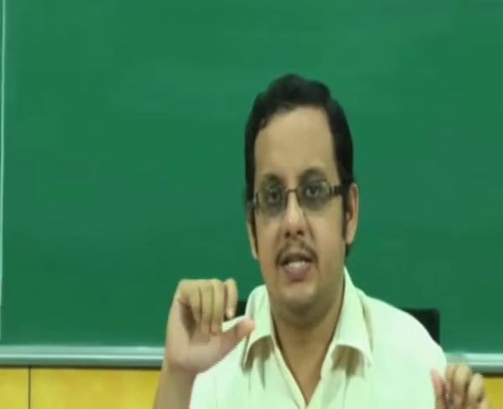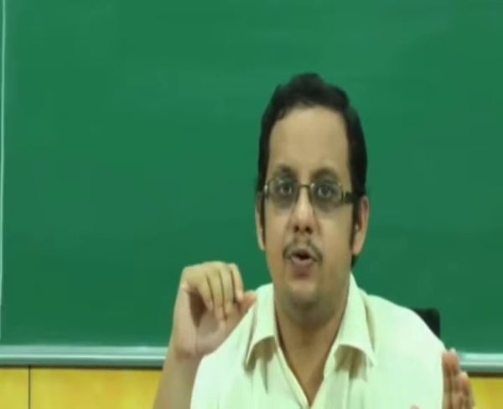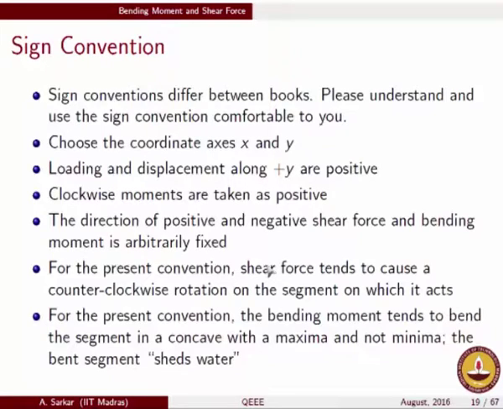In other words, the bending moment will tend to shed the water, or if you just do a thought experiment with water spilt on the beam and try to think as to what is the direction of the bending such that the water is shed from the surface rather than held on the surface. The direction of the bending moment which tends to shed the water is decided to be positive as per the present convention. You could have the opposite convention also, and that is there in a few other books if you read.